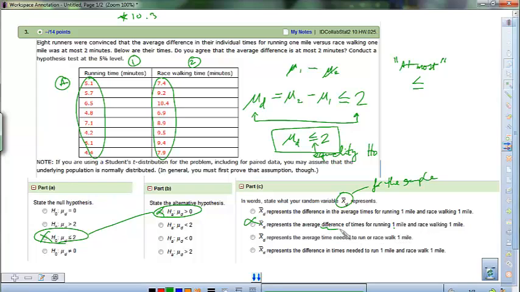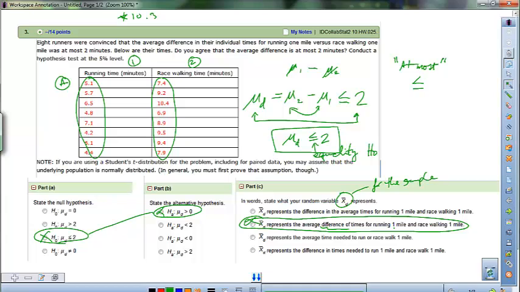And again, when they talk about difference, the order doesn't matter in general, but it's important for us to know that the order does matter in this case, that we have mu sub 2 first and then mu sub 1 second. I keep stressing that fact because when we come to compute the test statistic and the p-value, etc., that's going to be important for us.